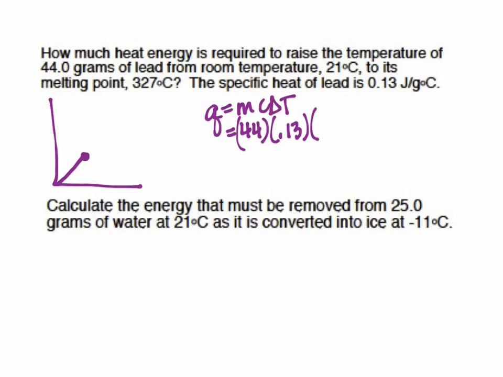And our ΔT is our final minus initial, 327 minus 21.